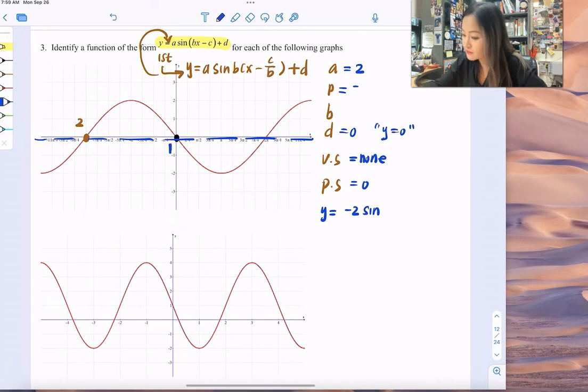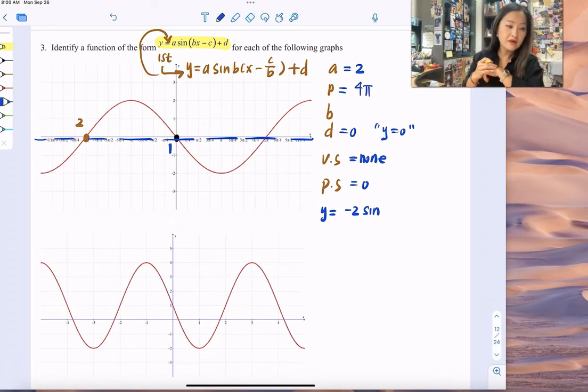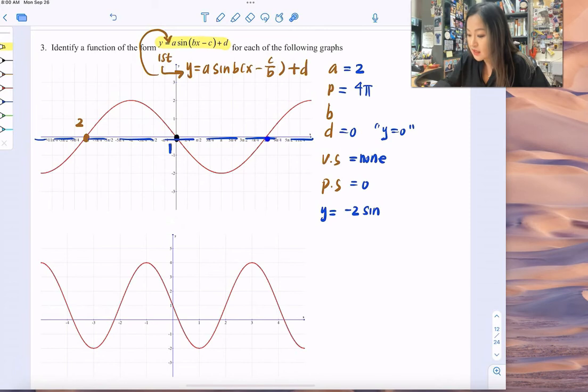My period is -4 pi. I'm sorry, no, my period is 4 pi. Sorry about that. My period is 4 pi because it went from mid to the next mid, and just half of it was 2 pi. So I know my full period for the full cycle is 4 pi.